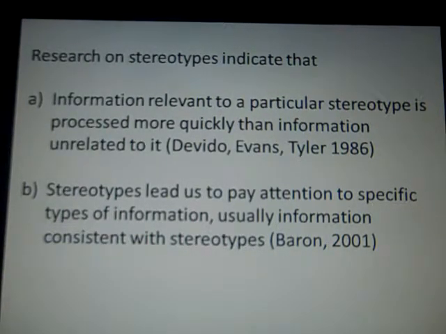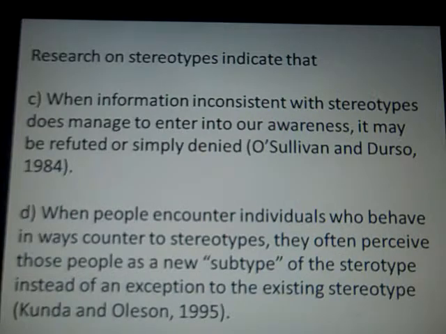Research on stereotypes indicates that information relevant to a particular stereotype is processed more quickly than information not related to it. Stereotypes also lead us to pay attention to specific types of information, usually information consistent with the stereotypes. When information that's not consistent with a stereotype does manage to enter into our awareness, it may be simply denied or refuted.